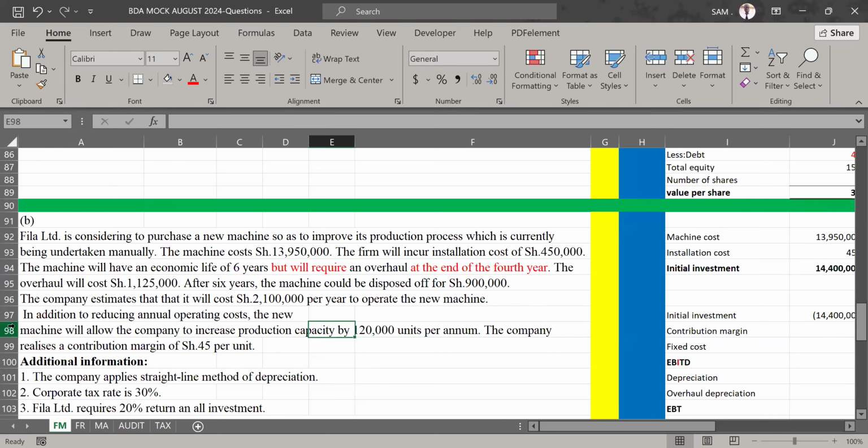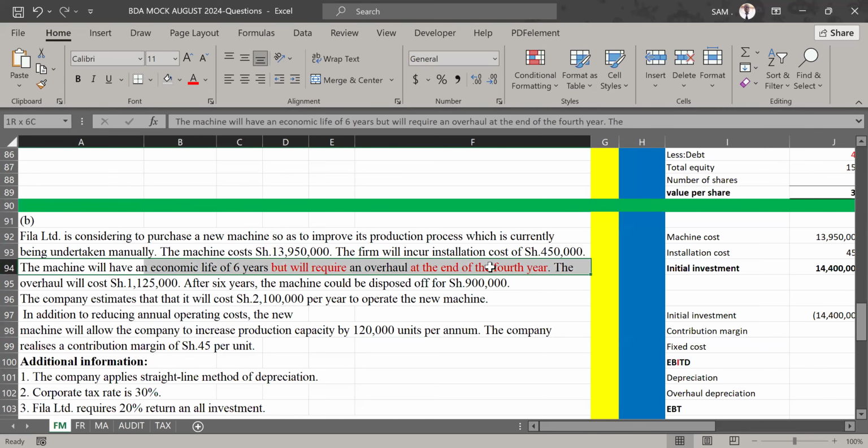The decision came about from the interpretation of the language given by the examiner. We were told the machine will have an economic life of 6 years, but will require an overhaul at the end of the 4th year. Look at the interpretation of that language.